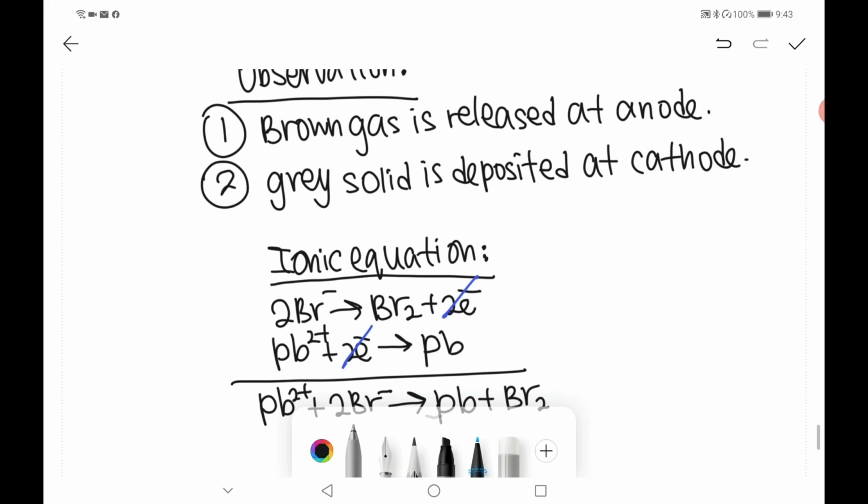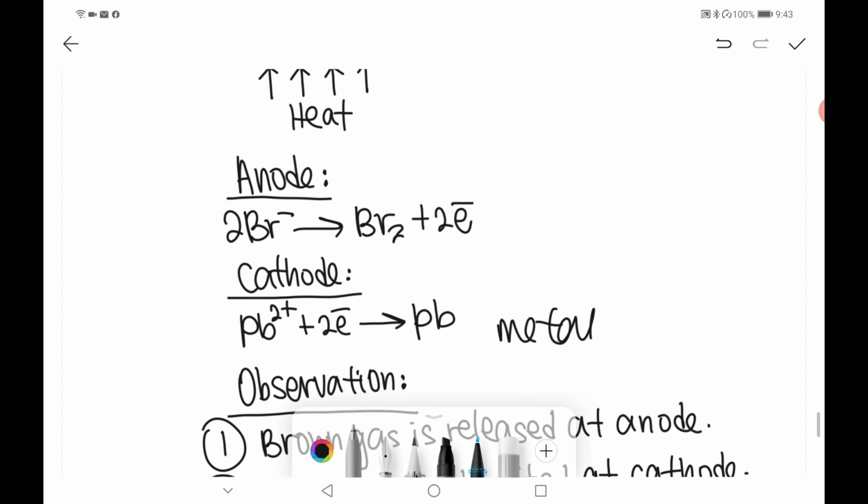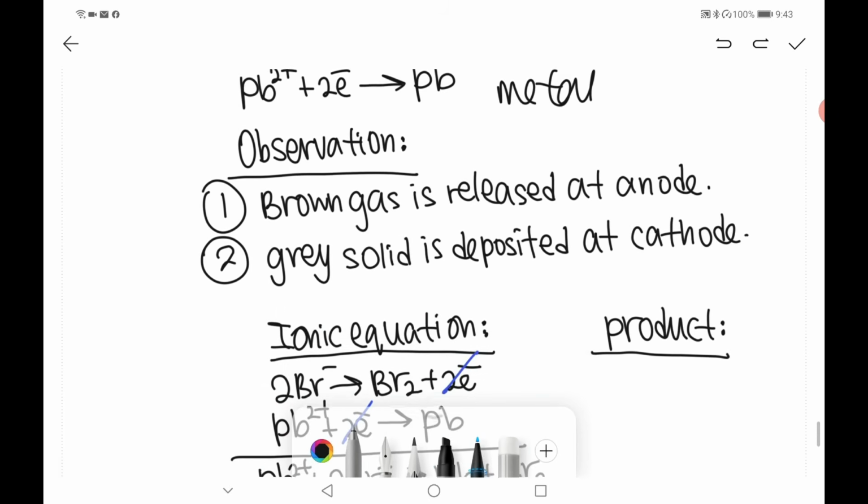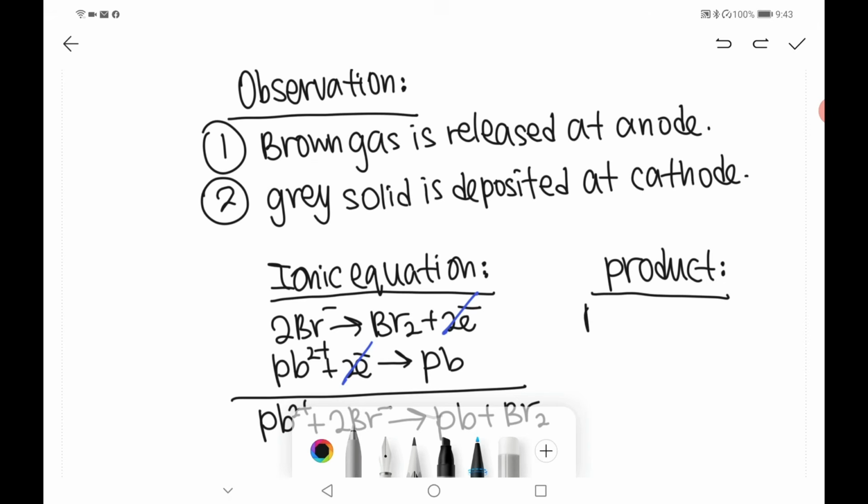They might also ask us, what is the final product? Same thing, look at the half equation. At anode, your final product is Br₂. So it is bromine. You can call it a bromine molecule because it is a molecule, or you can call it bromine gas.